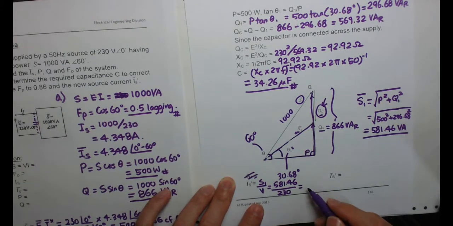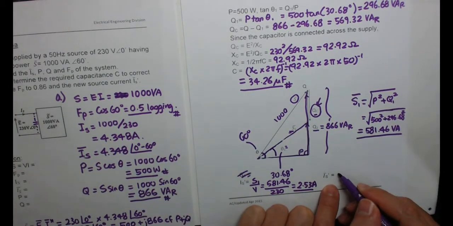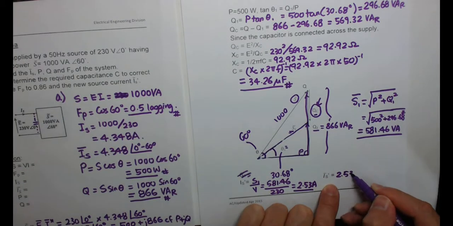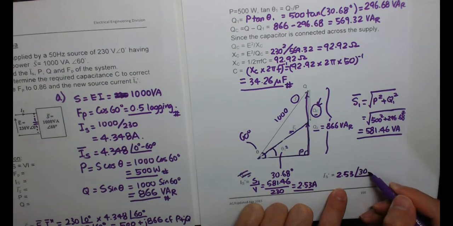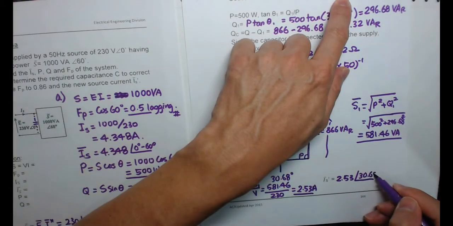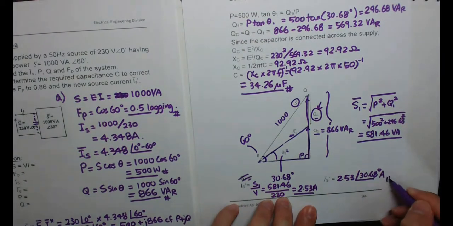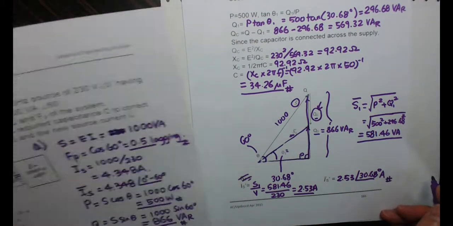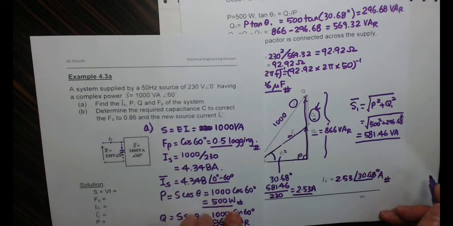That equals 2.53 ampere. In the polar version it is 2.53 at the angle, the new power factor angle, 30.68, which we calculated earlier. So now we can compare the original current. The original current was 4.348 ampere. Now it has dropped to 2.53 ampere.